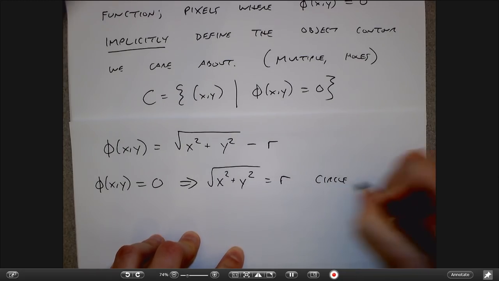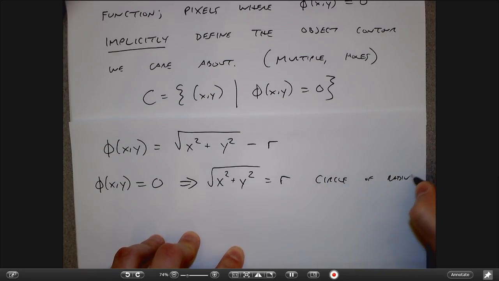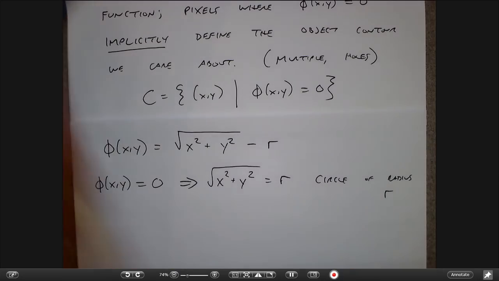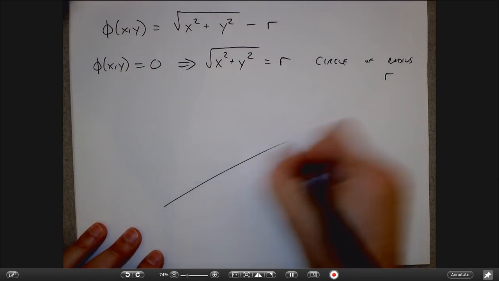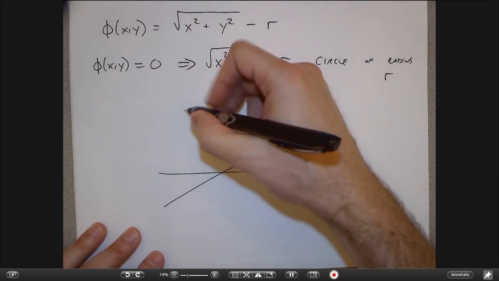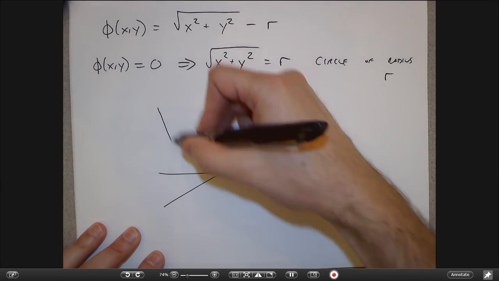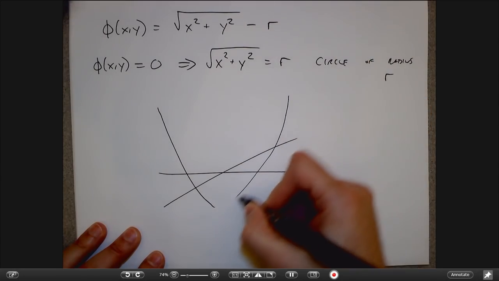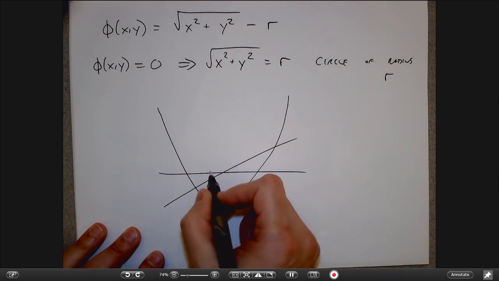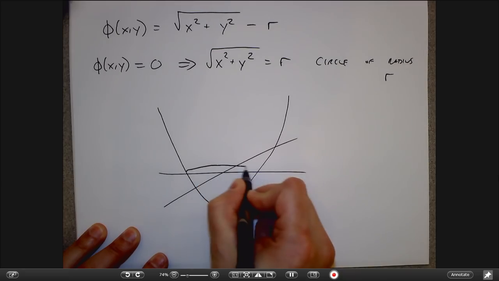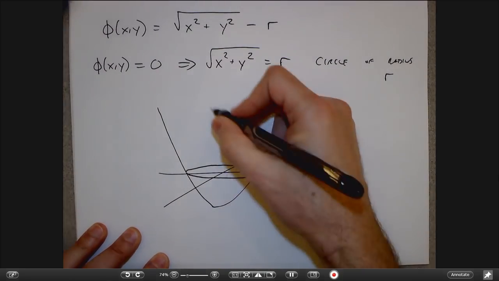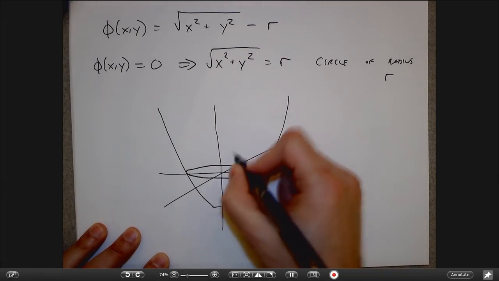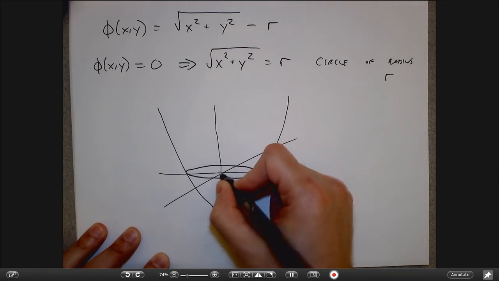of radius r, right? So to draw it a different way, this is like saying that this function over the xy plane looks like some shape like this. And if I look at where this shape intersects this axis here, this is like saying that this point is z equals 0.